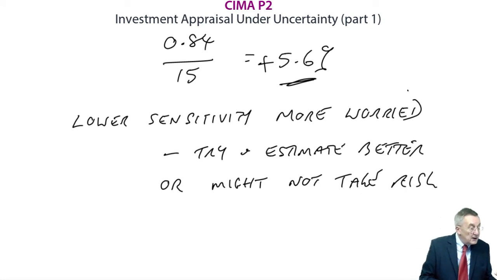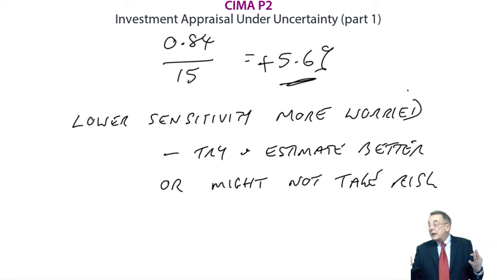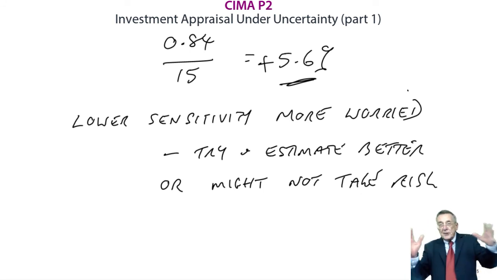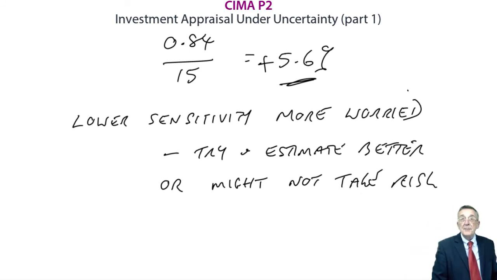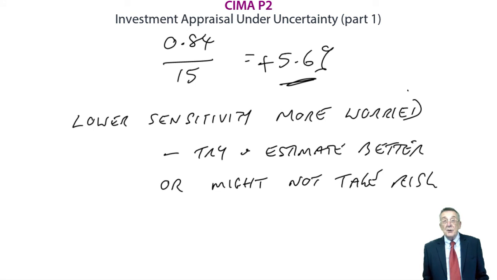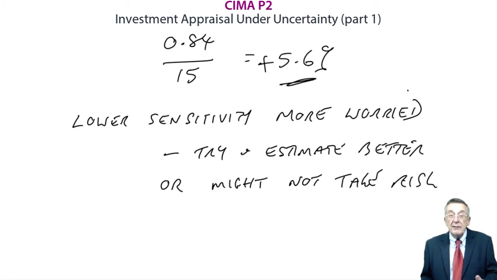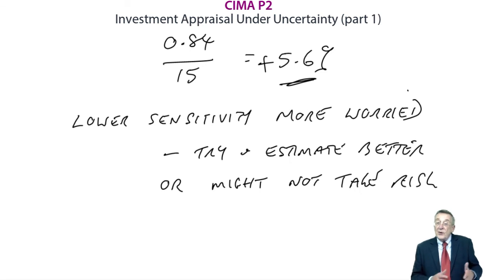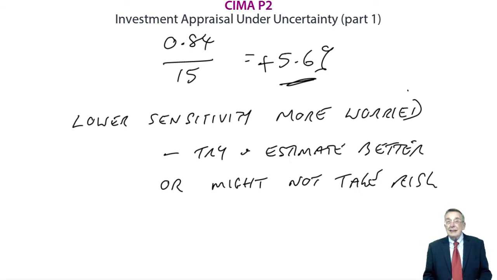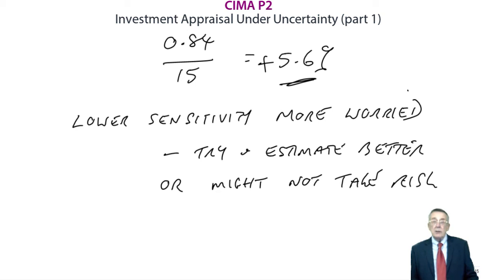Maybe the sales volume will be 14,000, 15,000, 16,000. So I could set up every permutation, lots of various outcomes, and if we could put probabilities to them, I'd work out all the different NPVs and look at the probabilities of the overall NPV ending up positive or negative, and make my decision on how likely it was to end up being positive.